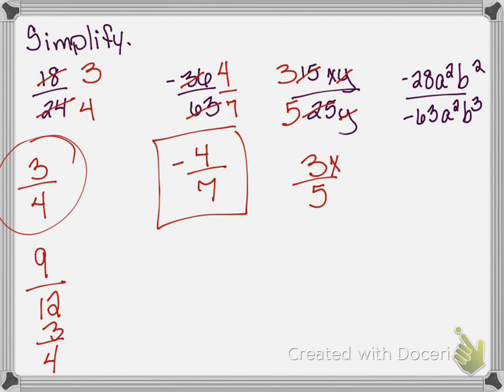Now, I want to talk about the way that negative 4/7 is written and the way that 3/5 x is written. Where do I have my negative sign right here? On the top. How I write it, I almost always have my negative sign in the numerator.